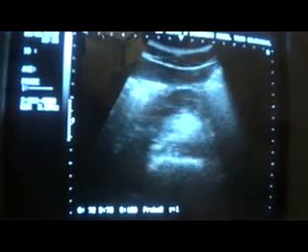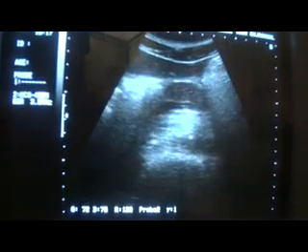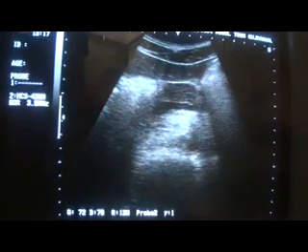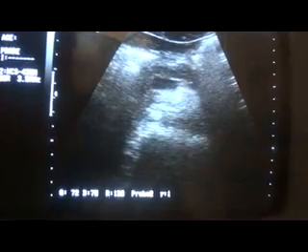Now I have placed the probe just below the subcostal region, and I am going to ask the patient to take a deep breath and hold it. He has taken the breath.